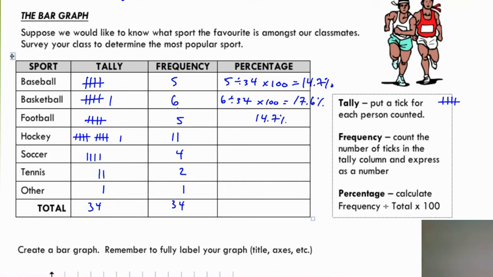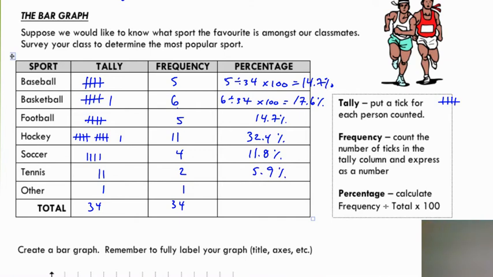We'll repeat that. And here's our big number: 11 divided by 34 on our calculator is almost a third, so we have 32.4%. Now we get smaller numbers here. 4 divided by 34 is going to be 11.8%. 2 divided by 34, times 100, is 5.9%.